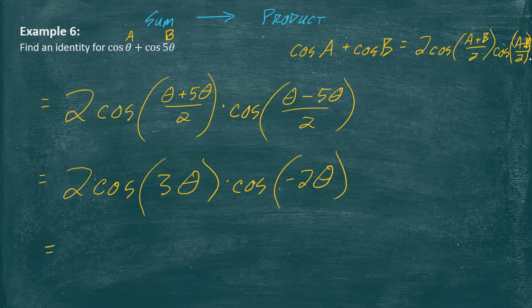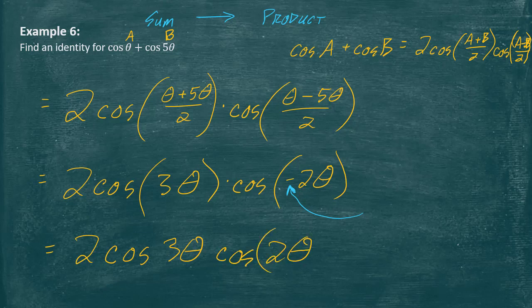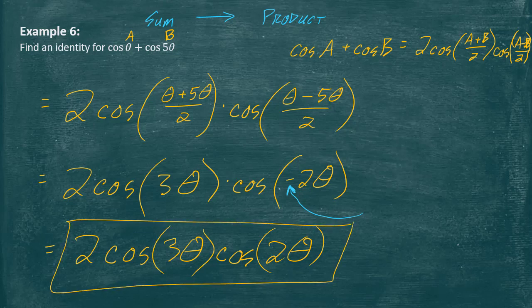As I mentioned not too long ago, cosine is an even function, so technically I can utilize that and drop the negative for my final answer, and call this 2 cosine of 3 theta times cosine of 2 theta. I'll throw some parentheses to stay consistent with everything else on that problem. And there we go.